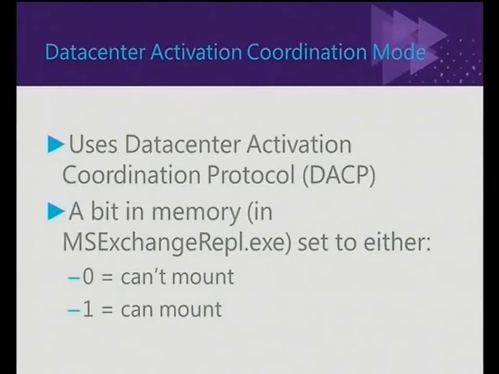But I can't document something called Mommy May I. That just doesn't translate very well in other languages. So we had to come up with a different name, and so I came up with the name Datacenter Activation Coordination Protocol. Makes it sound way cooler than it actually is, because all it is is a bit in memory that's either set to a 0 or a 1. Fancy. 0 says I can't mount databases, 1 says I can. It's not too complicated, it's pretty self-explanatory.